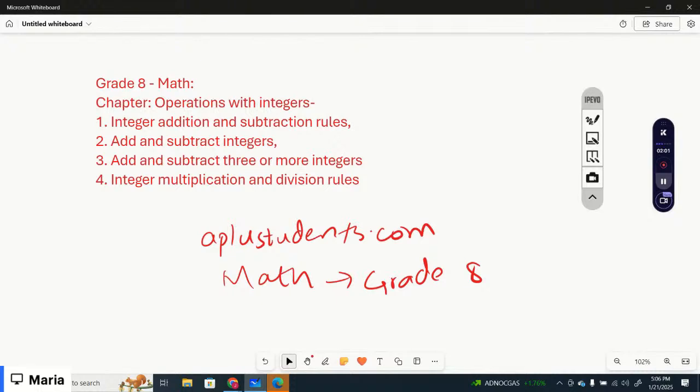We're going to start with the chapter operation with integers. The lessons we're going to cover today are integer addition and subtraction rules, add and subtract integers, add and subtract three or more integers, and integer multiplication and division rules.